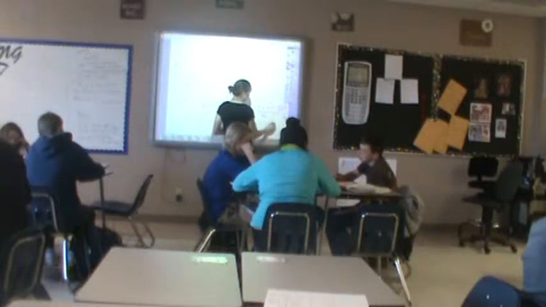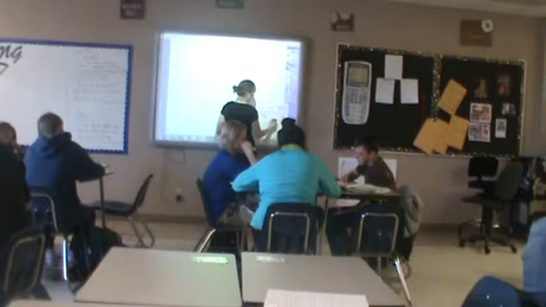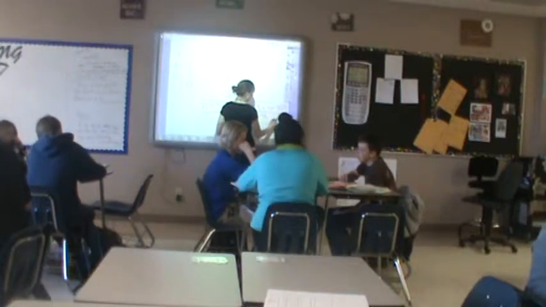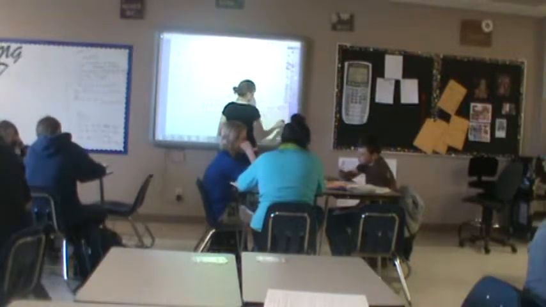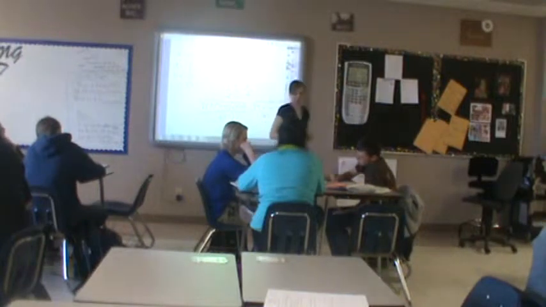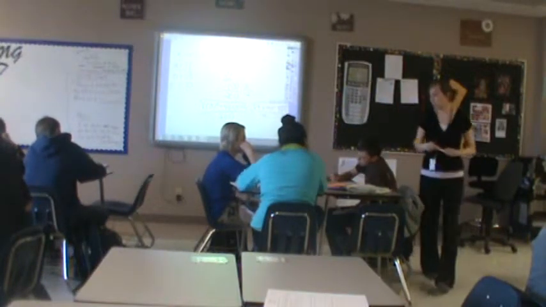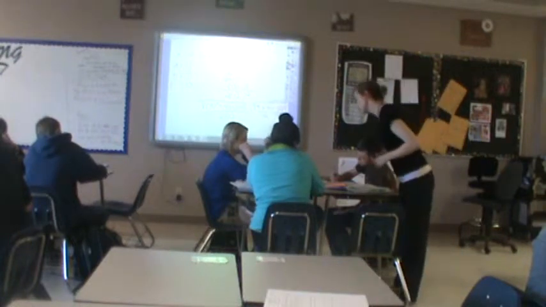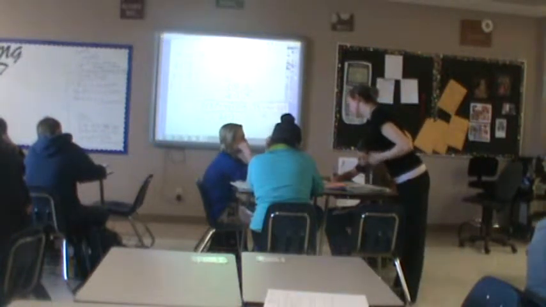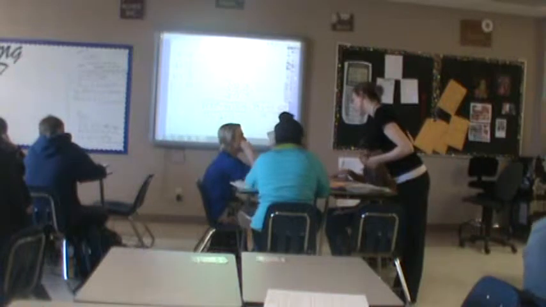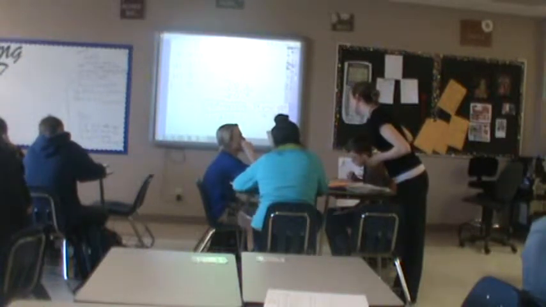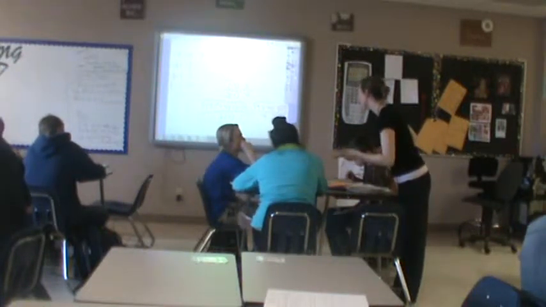Up there, we'll put root 9. So now we're not multiplying, it equals 7.28. This equals this. So then here, what do we have on top?